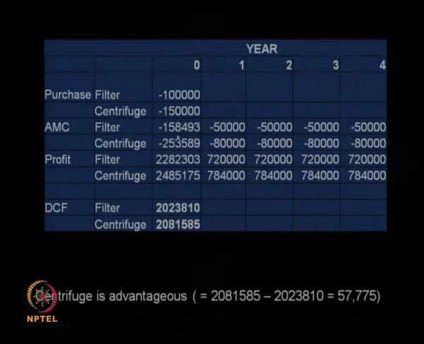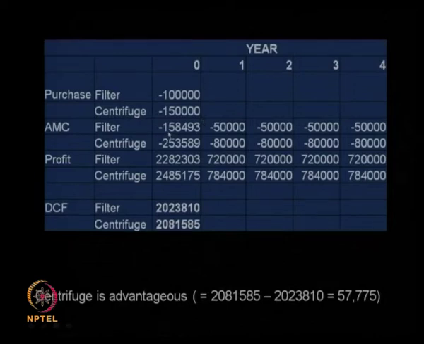If you add up all these you will end up with this number, understand. It is not exactly 50,000 into 4, which would be 2 lakhs, but the net present value for the AMC is only 1.58493, because the value of the money you have in the first year is much less than the value of the money you have today.